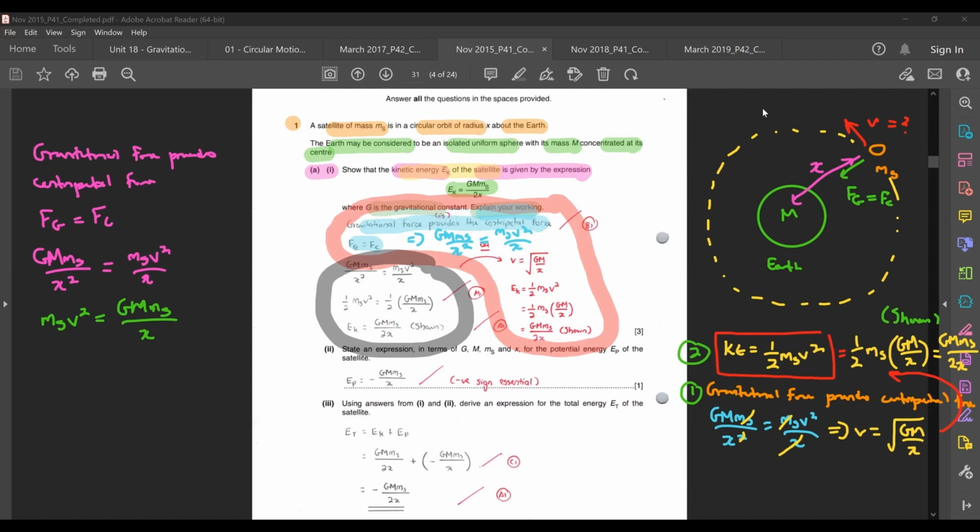So if you were to just multiply with half, you will actually get half ms v squared. You get half ms v squared equals GMms over x. Then you say that since EK is half ms v squared, therefore EK is GMms over x. So this one is shown.